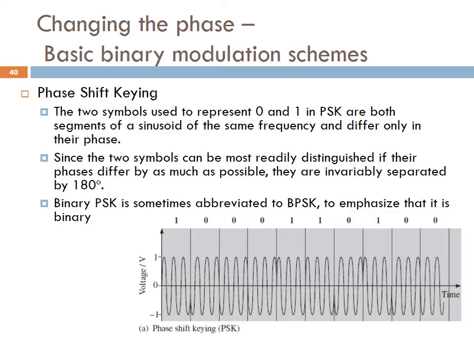For example, one can represent the bit 1 as the carrier wave having the phase 0, and the bit 0 could be represented by a carrier wave having a phase that is varied by 180 degrees with respect to the symbol that represents bit 1.